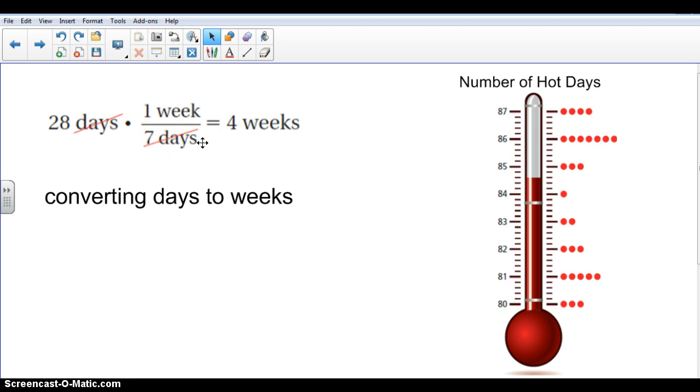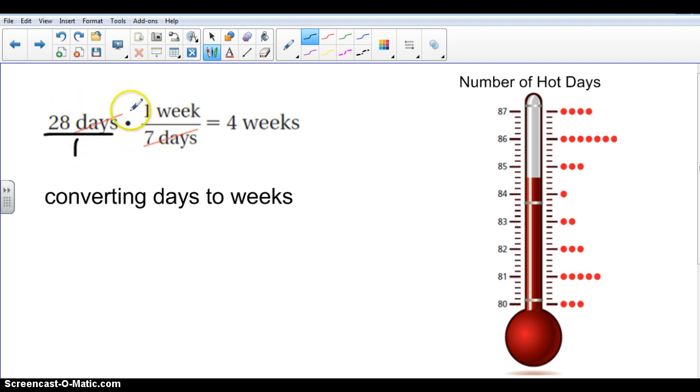Then in this case, you're going to remove what's familiar. So days and days go together, and they go away. You can get rid of days. Because if we looked at this another way, 28 days is the same as 28 over 1.